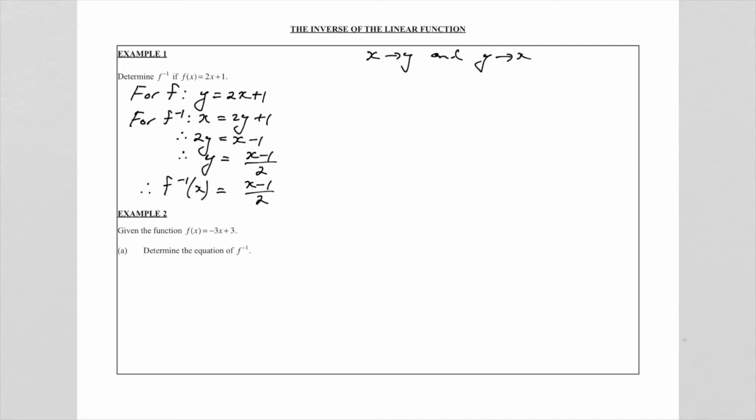So for f, we always write it as y before we swap, is minus 3x plus 3. And then for the inverse, when we find the inverse, we substitute y with x and x with y. And then it's just a matter of manipulation here.